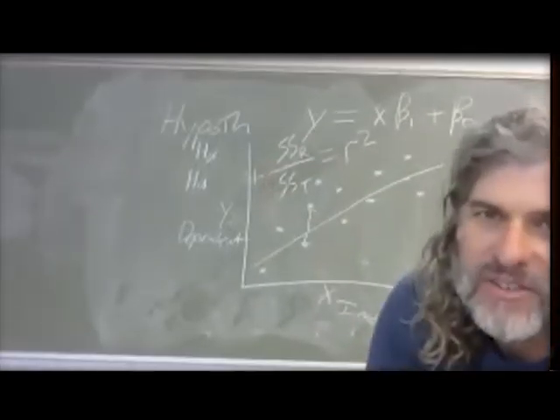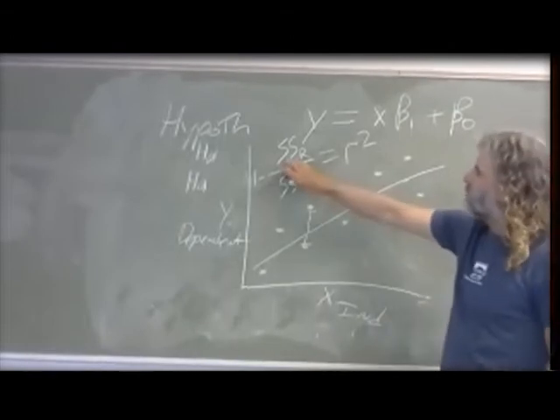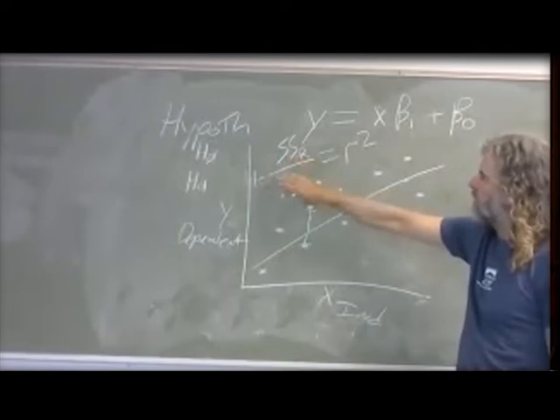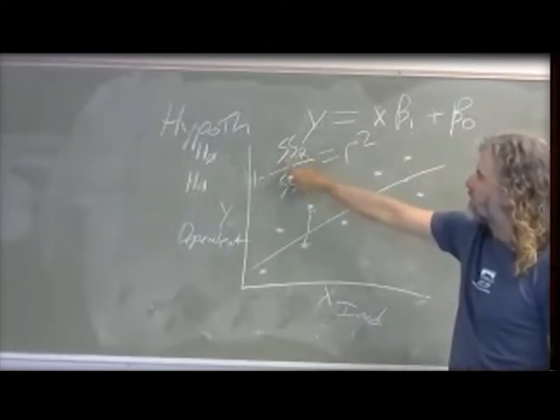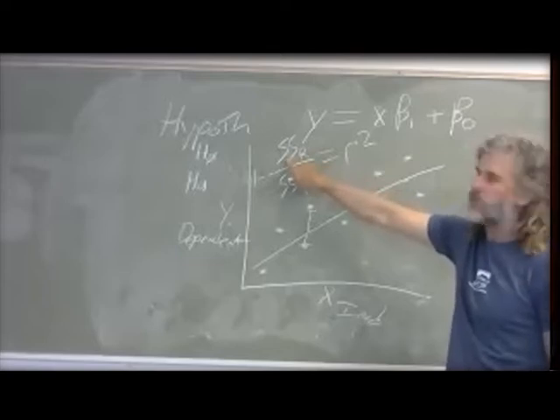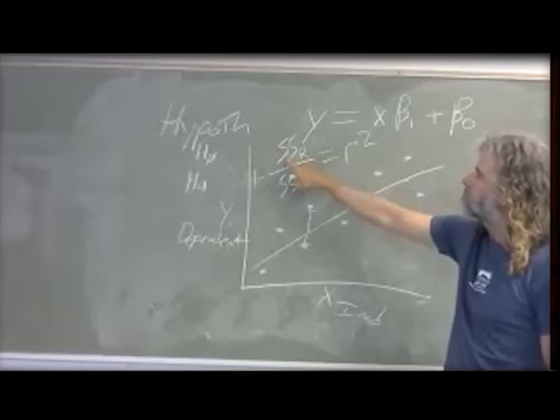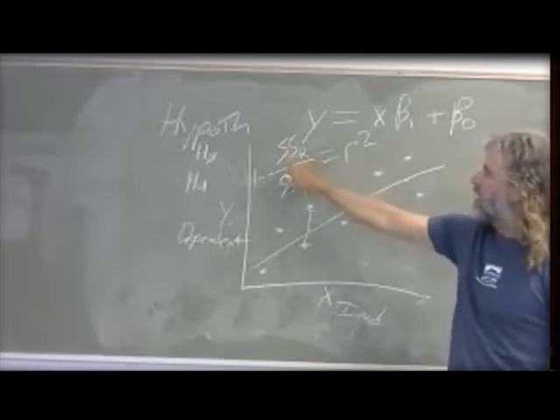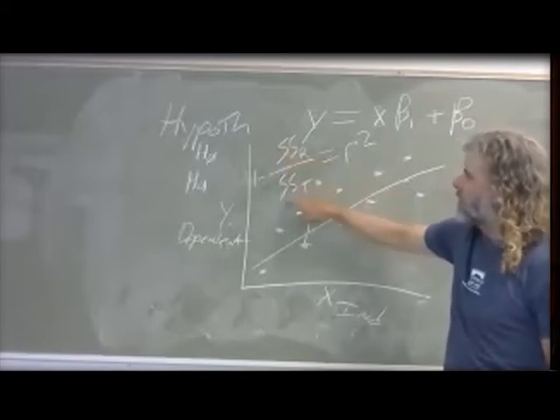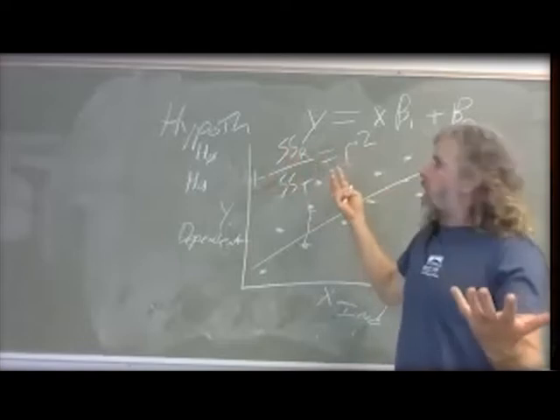Basically what this is saying is if you have very little residual information that you haven't been able to explain, you say this is 0. 0 divided by some number is 0. So 1 minus 0 is 1.